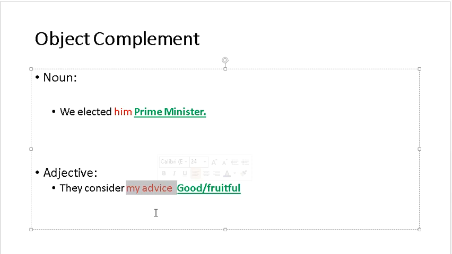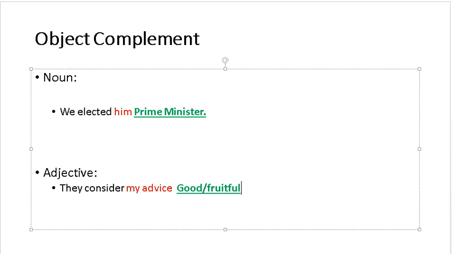It's a noun phrase, and its sense is being completed by the adjective. They consider my advice good, or they consider my advice fruitful. So good and fruitful are the adjectives which have been used as object complements.